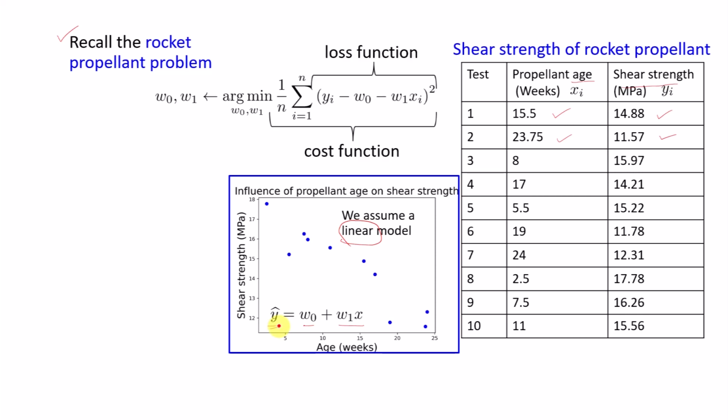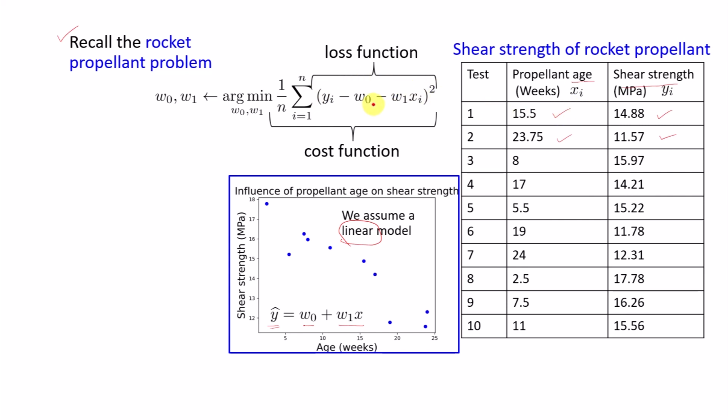We also know that w0 and w1 will be the values which minimize this function: summation of yi minus w0 minus w1 xi whole square, divided by n. Whatever is within this summation sign is something we call the loss function.